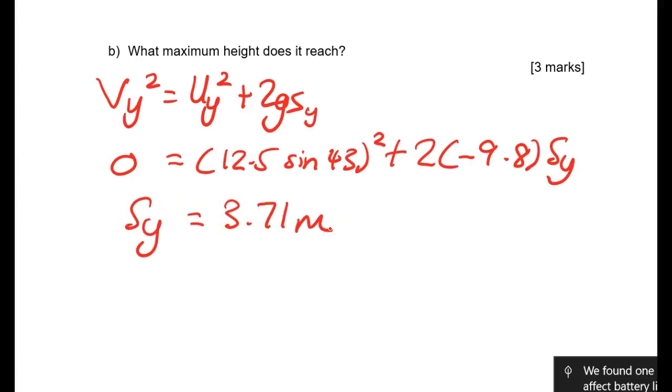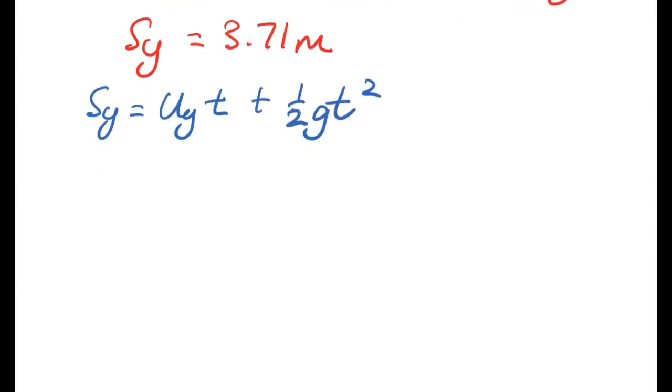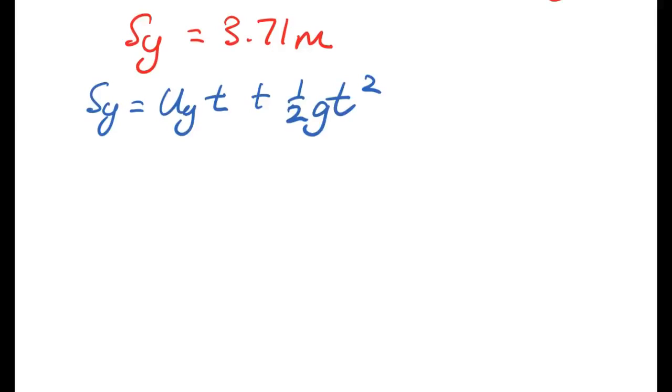It's about this value. Some of you also choose to do the alternative by using this equation instead: Sy equals Uy t plus half g t squared. This is perfectly fine. I will show you how to use this alternative. Your Uy is the same.